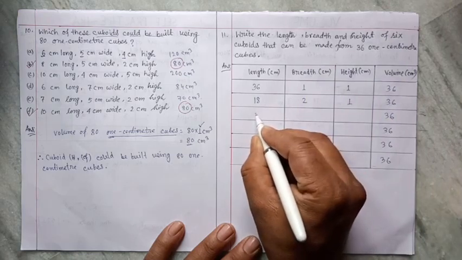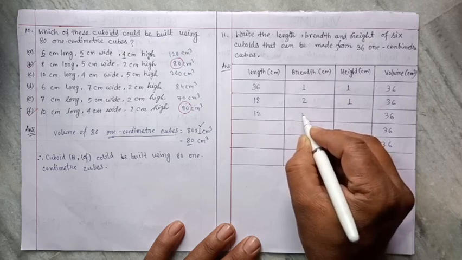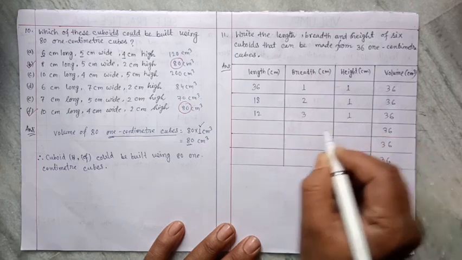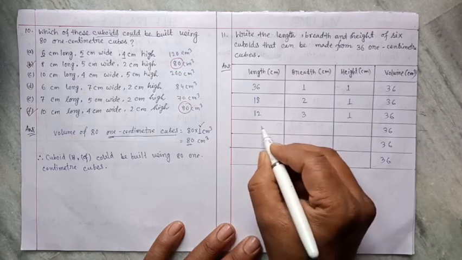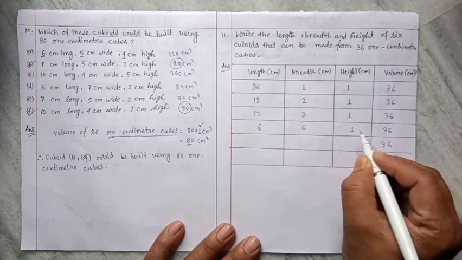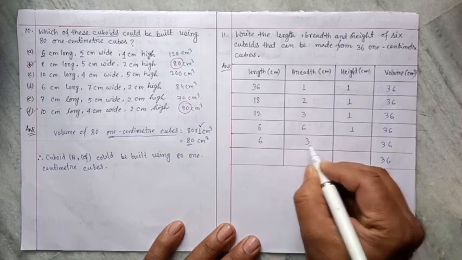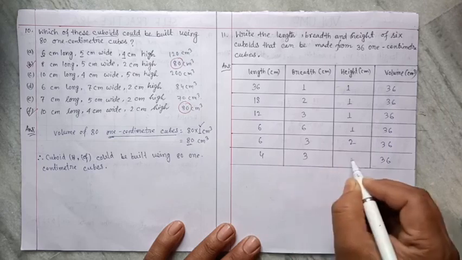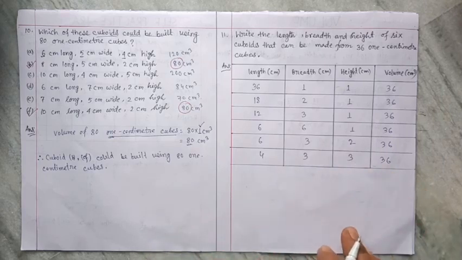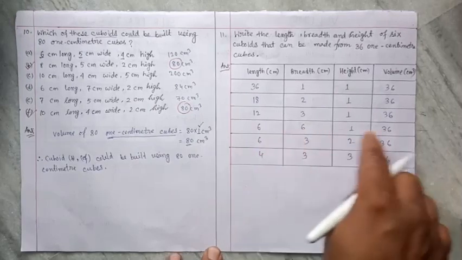You can take 12 into 3 into 1, 36 into 1. Or you can take 6 into 6 into 1, or you can take 6 into 3 into 2, or you can take 4 into 3 into 3. Just see here the multiplication, the product here is 36, product 36, product 36.